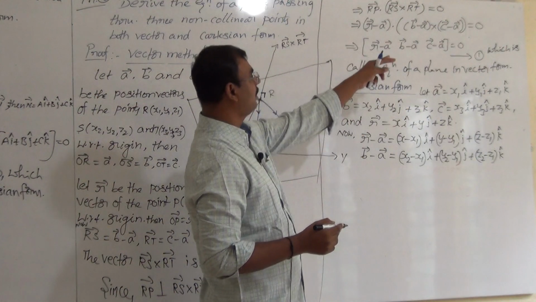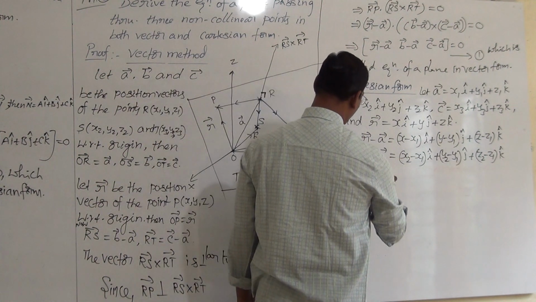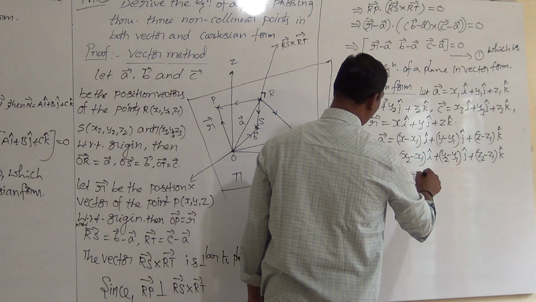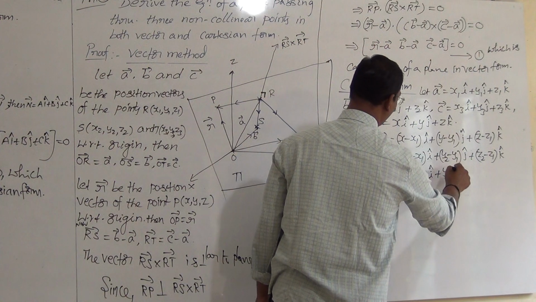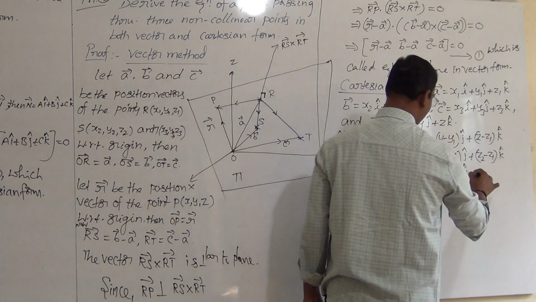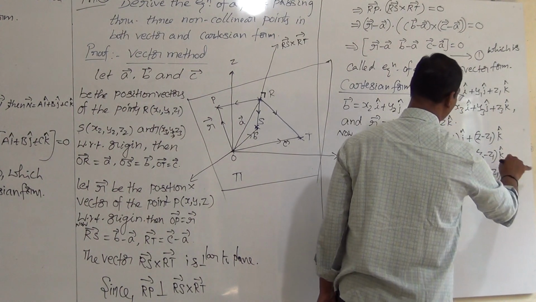Next we require C bar minus A bar, which is x3 minus x1 into i cap plus y3 minus y1 into j cap plus z3 minus z1 into k cap.